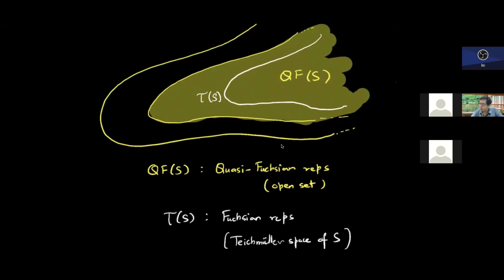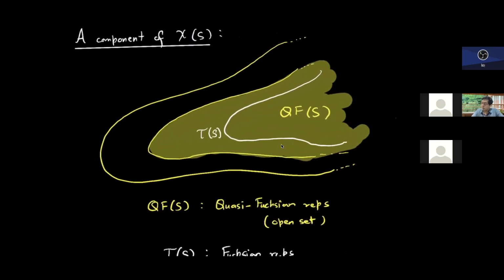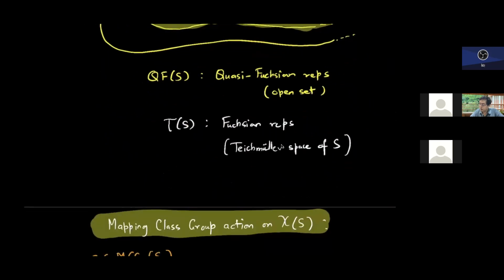There's a subset of all Fuchsian representations, which is half the total dimension. And that's actually a copy of Teichmüller space because, as I said, these give you hyperbolic surfaces. And the way I've drawn it is that these are all non-compact, so these all extend all the way out on the other side. Right, so anyway, this is the picture of this PSL2C character variety to have in mind.